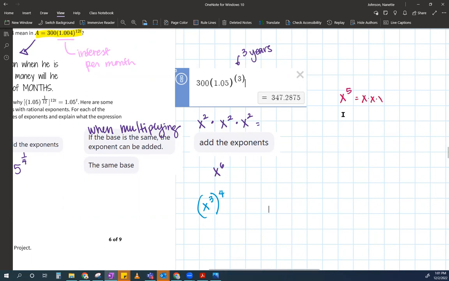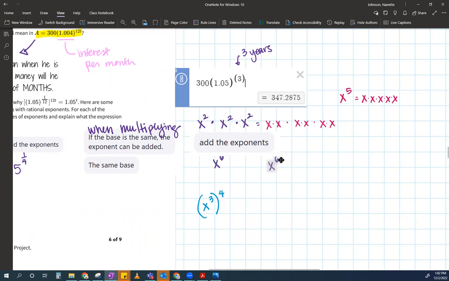That's why it's x to the fifth. If you did the same thing here, this would be x times x times x times x times x times x. If you count, that would be x to the sixth. Does that make sense? That's why our answer is x to the sixth.